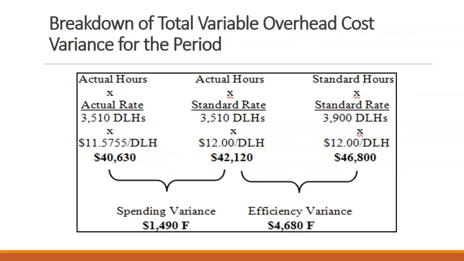So we have our actual results, then our flexible budget amount, which is our actual hours times our standard rate of $12 per direct labor hour, and then the standard that should have been used for that production. So what we applied based on our production. So we have a favorable spending variance and a favorable efficiency variance.